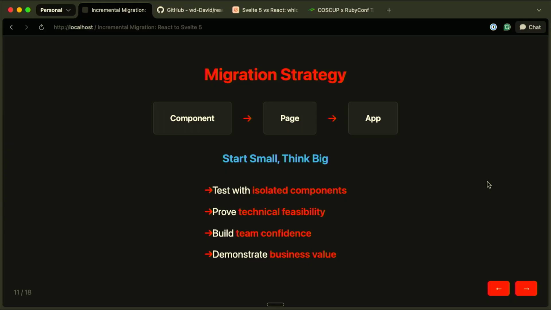So start small, think big, test with isolated components, prove technical feasibility, build confidence, and demonstrate business value. The easy one would be, we just create another component written in a different language. We have 30% less code, and it's way more performant, way easier to handle, and has fewer bugs. Your boss will like it.